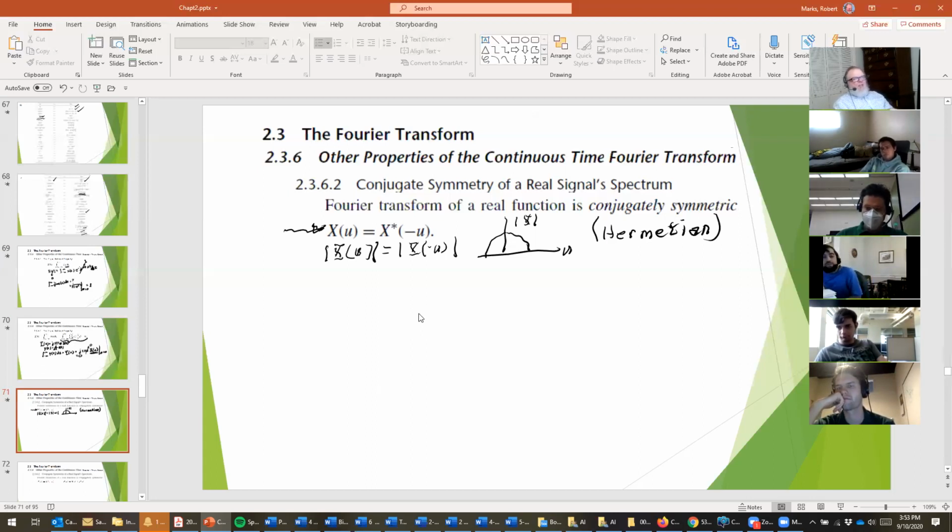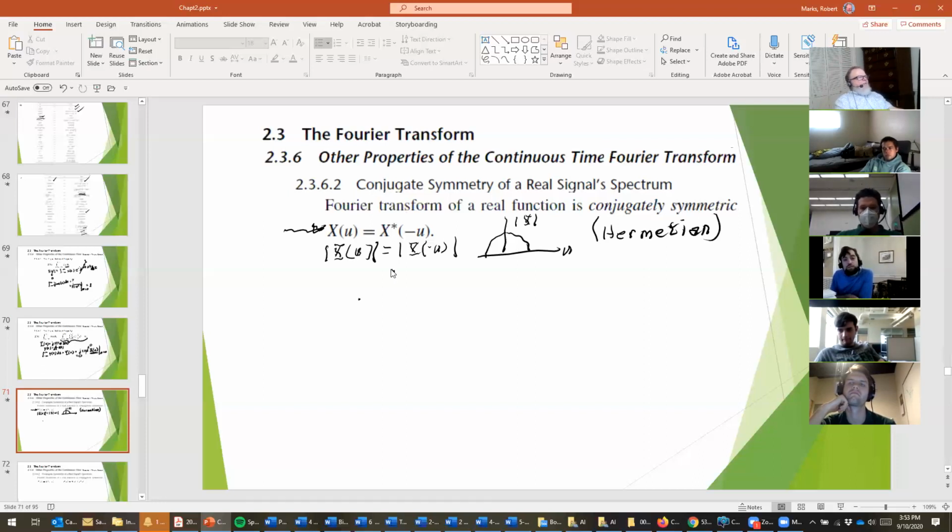Otherwise, they would be imaginary, and imaginary things don't exist. So all real signals have this conjugate symmetric property. It's kind of like being even, except that instead of just flipping around and getting the same thing, you flip it around and do a complex conjugate, and then you get the same thing. So it's a generalization of the even function in a way.